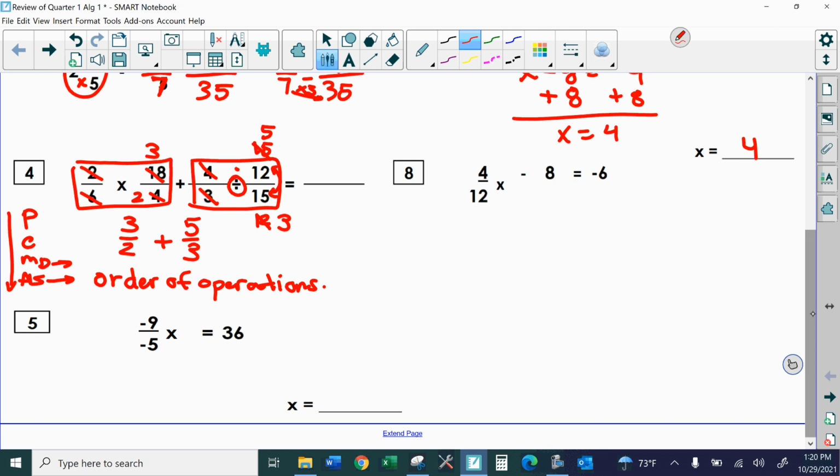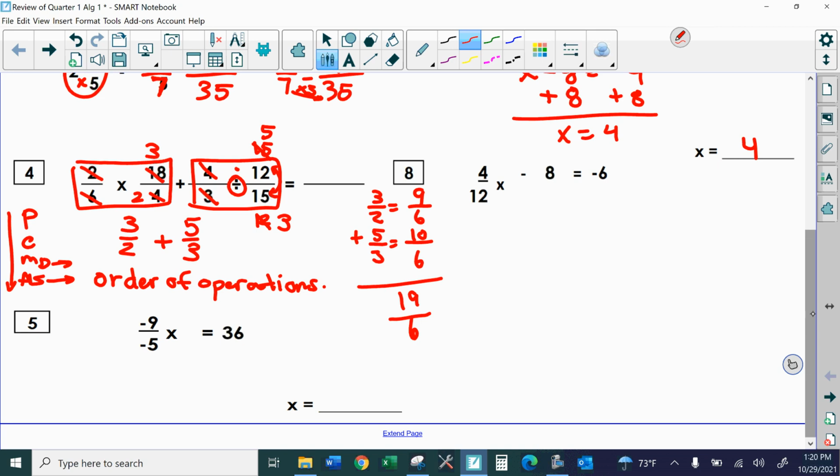Okay, so I have 3 halves plus 5/3. Again, I need a common denominator. We'll go ahead and write it over here vertically. You don't have to, you can use horizontal. 6 is the common denominator, so that means double it. So that's 10, that's times 3 is 9. And now again, I add them together, 9 plus 10 is 19 over 6.